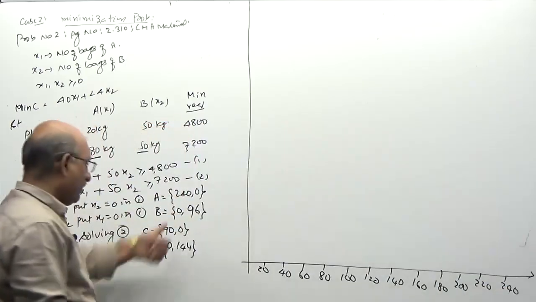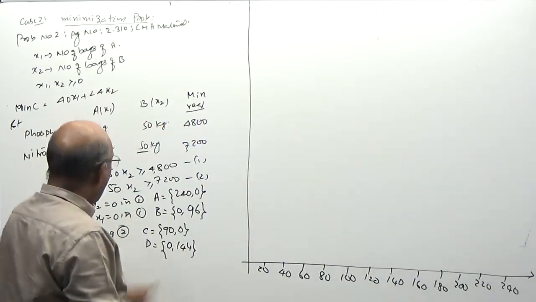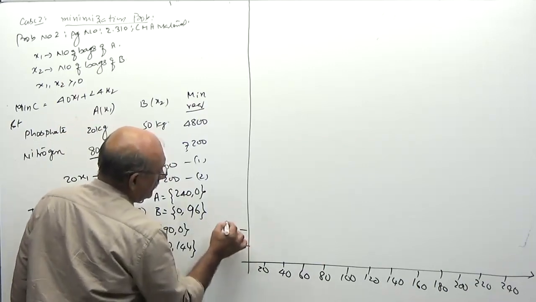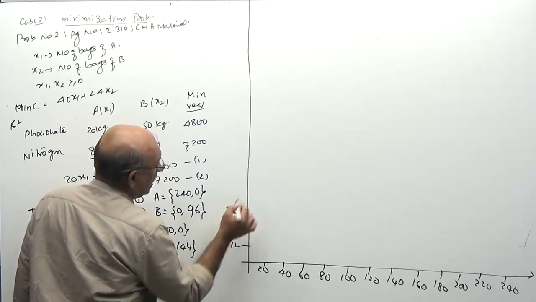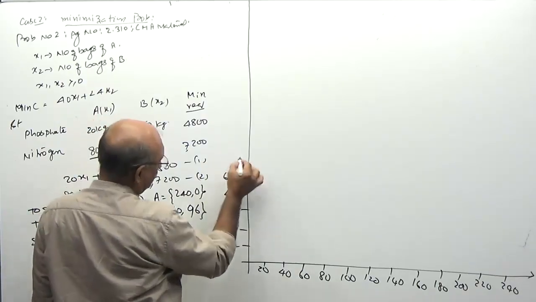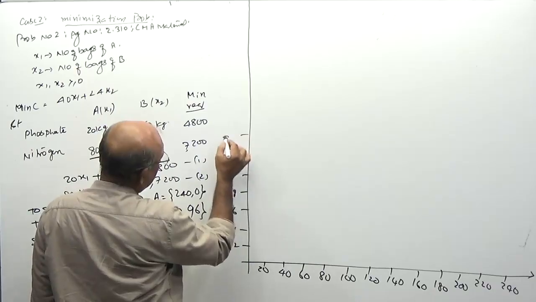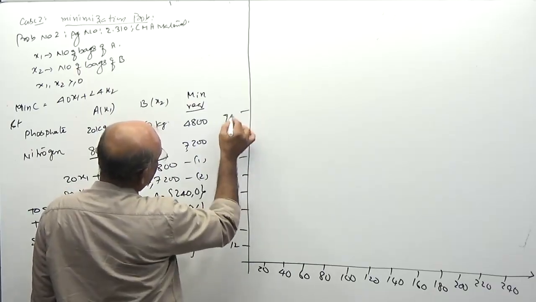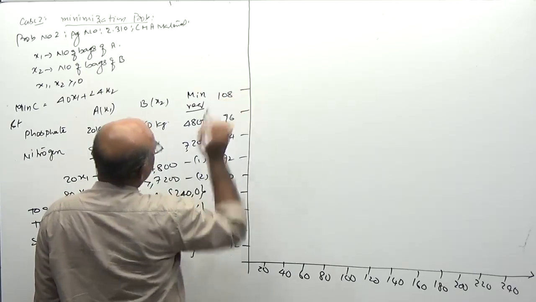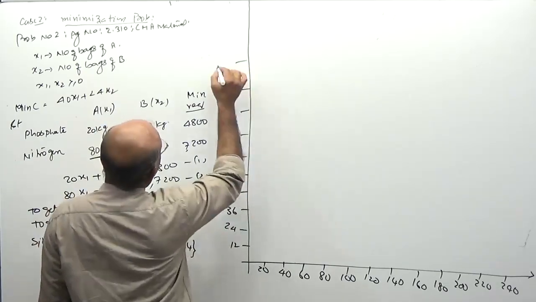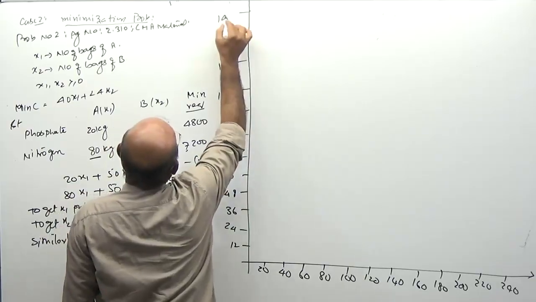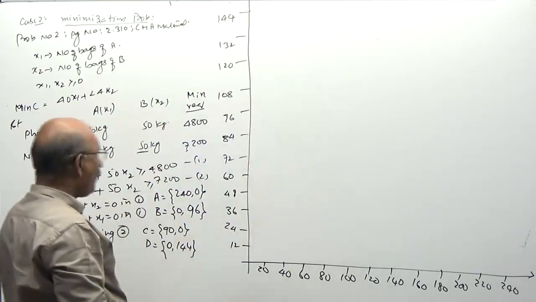On the x-axis, the maximum point is 240. On the y-axis, it is 12, 24, 36, 48, 60, 72, 84, 96, 108, 120, 132, 144.